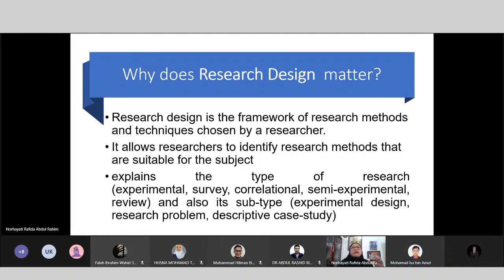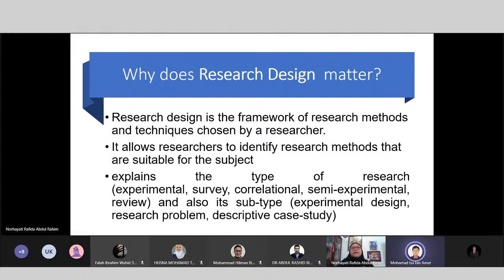It's not method, it's methodology. The explanation in the chapter is called methods and techniques.